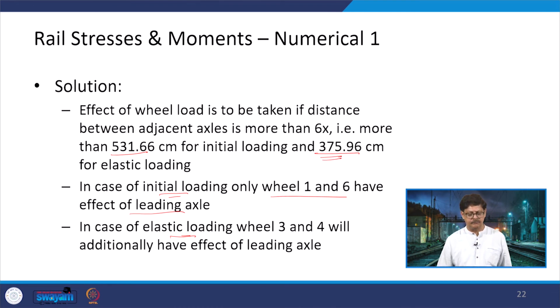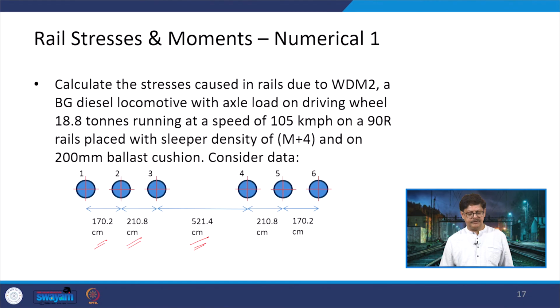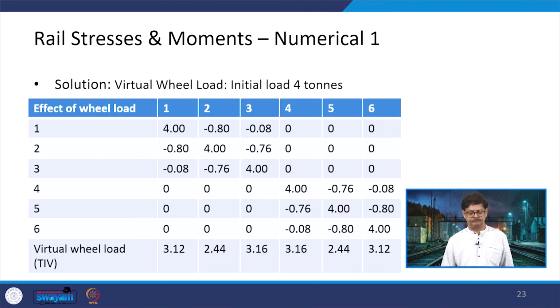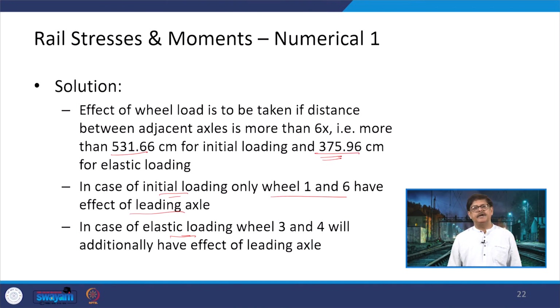If I go back, 375.96 here, now for 3 and 4, the distance is greater than 375.96 centimeter. So, because of that, this interaction will also come into play. So, once we have identified which wheels are going to interact, the values are going to change. So, let us move forward.